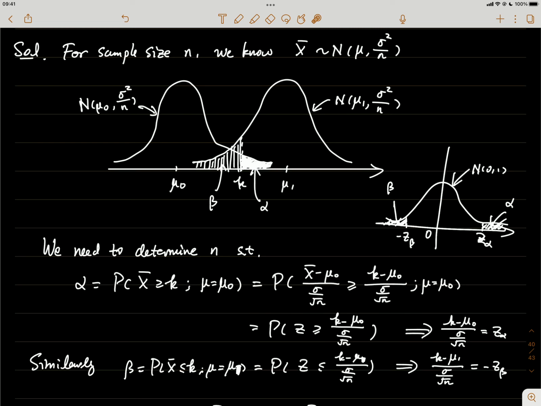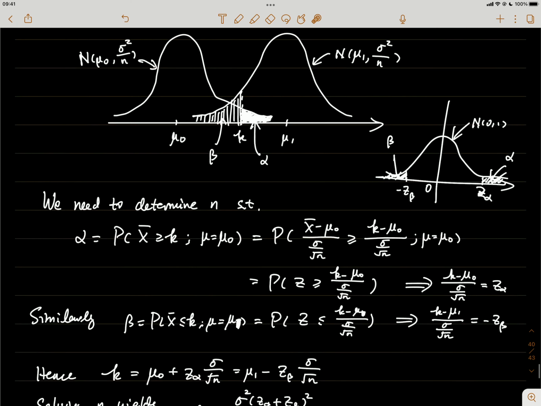So now we have two equalities and they share the same k. By solving both of them in terms of k, we see that k equals this, and at the same time k equals this.